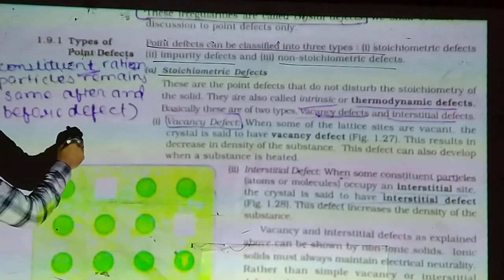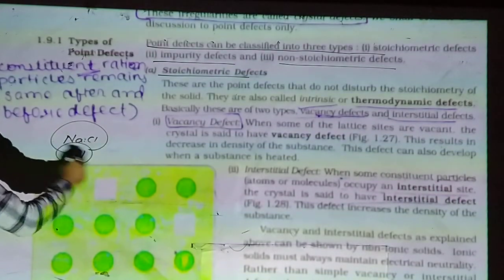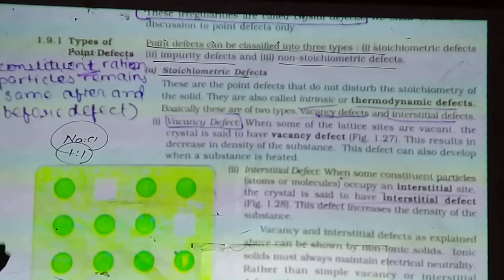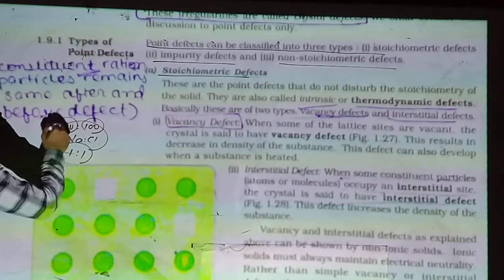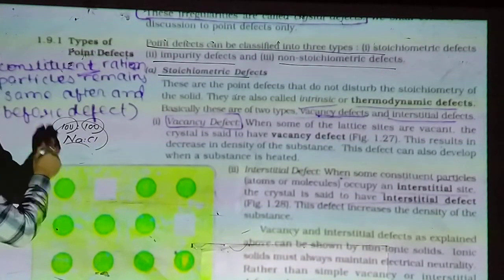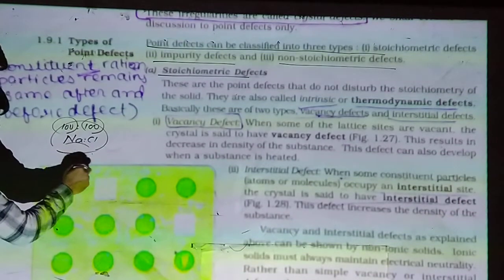Suppose we are taking NaCl. Here you can see the ratio of the number of sodium atoms and the number of chlorine atoms is 1:1. If sodium is 100 and chlorine is 100 present in NaCl, so it is 1:1.